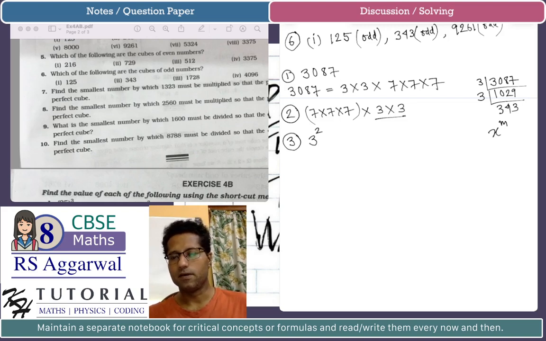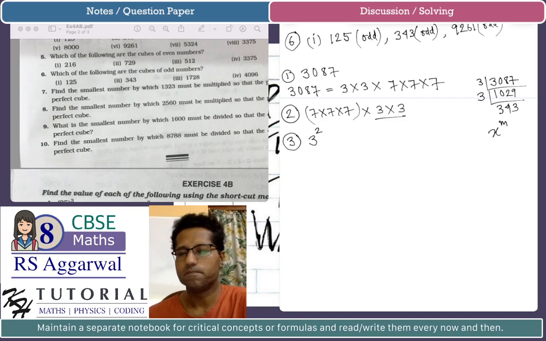So I have to identify all the different x to the power m from step 2.